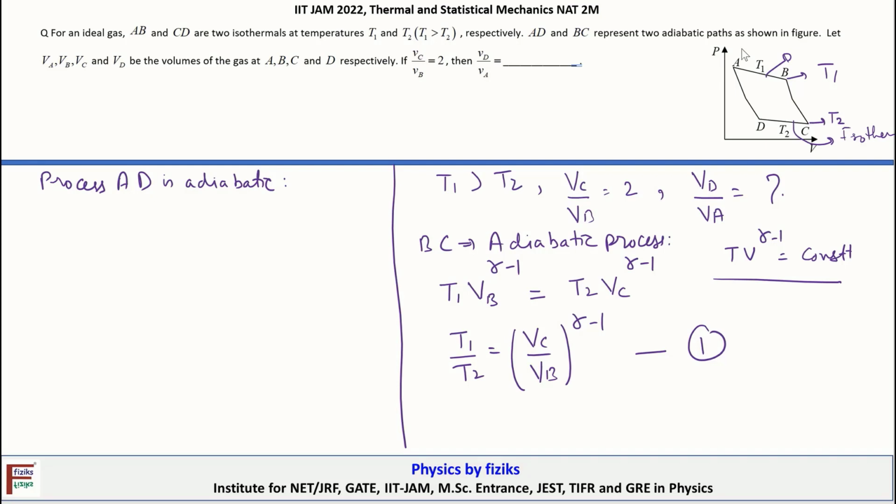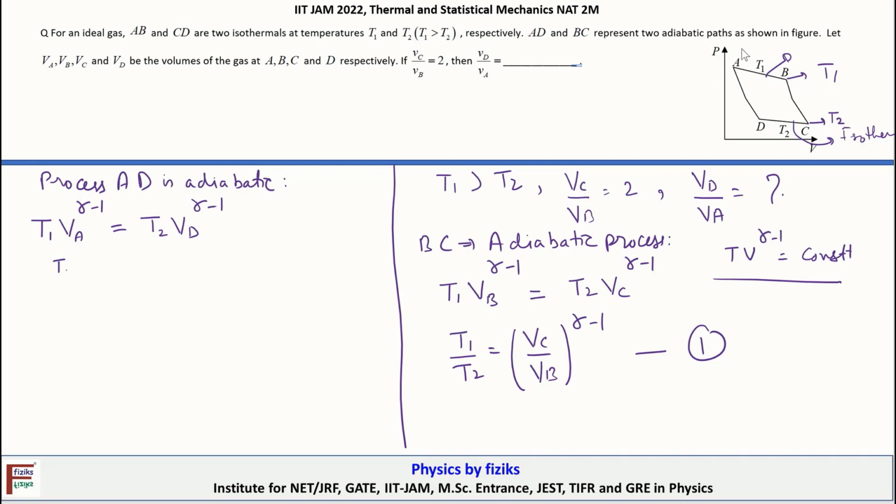So let's write the corresponding equation for points A and D, because A is at temperature T1 with volume VA, and D is at temperature T2 with volume VD. So for point A, I can write T1 VA power gamma minus 1, and the corresponding equation for point D, T2 VD power gamma minus 1.